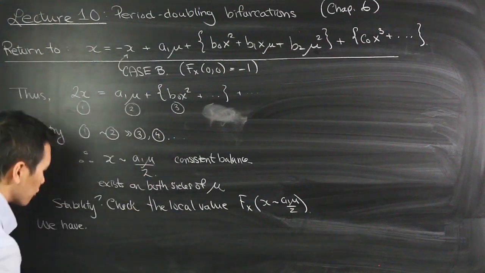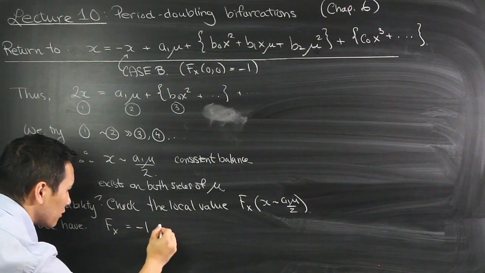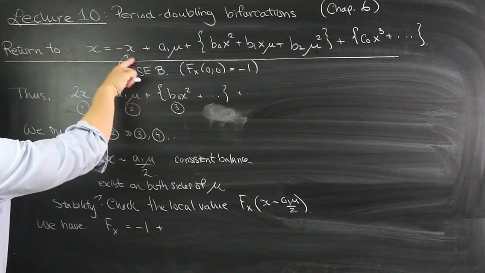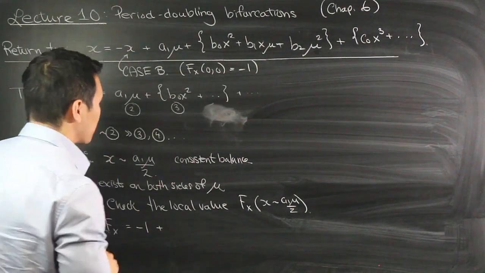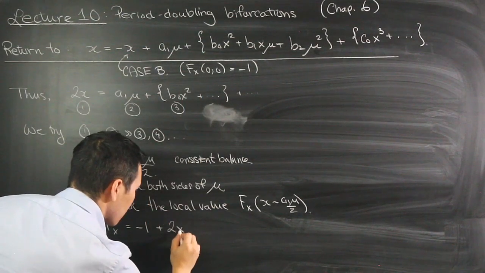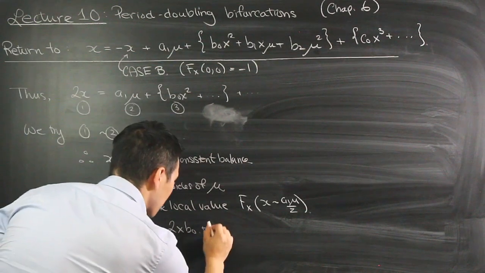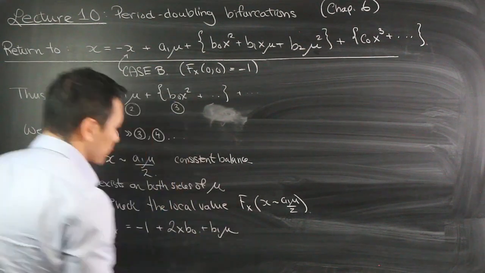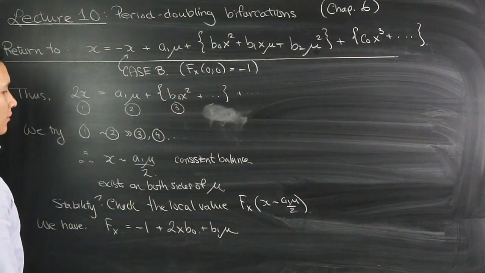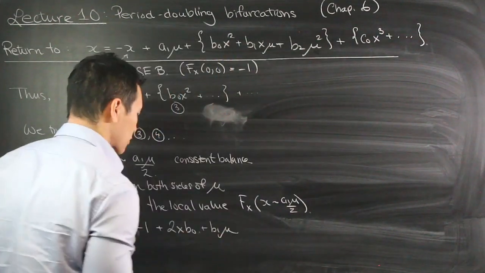So take the local derivative: f' is -1 plus, because we said it was going to start off at -1, and then you have a 2x times (b0 + a b1 times mu), and then the next term will be order x squared.